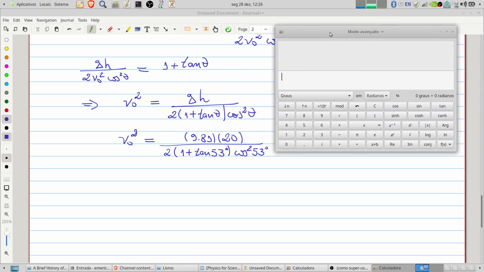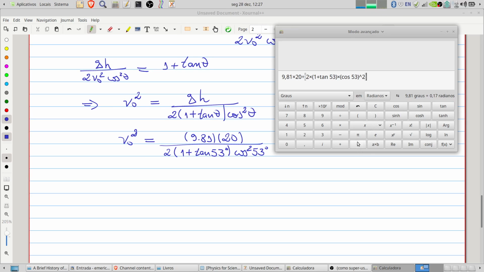So 9.81 multiplied by 20 divided by 2 multiplied by 1 plus the tangent of 53 multiplied by the cosine of 53 squared.